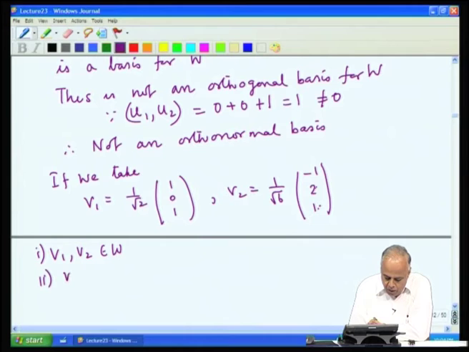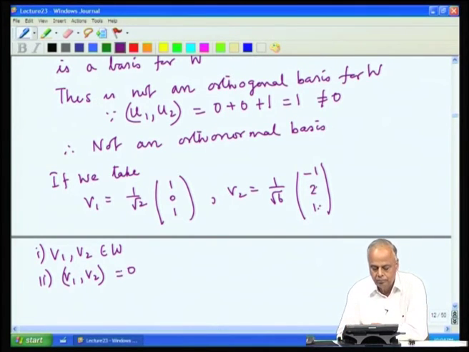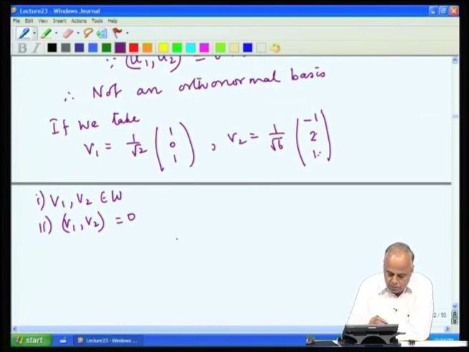Secondly, v 1 and v 2 are orthogonal to each other, because minus 1 plus 0 plus 1 is 0. So, the dot product is 0.